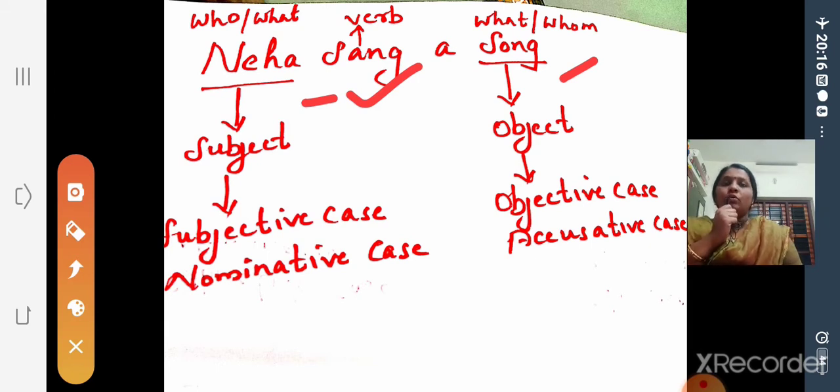Subjective case and objective case. Is it clear? What is subjective case? A noun that is placed in the subject position is called subjective case. Then what is objective case? A noun that is placed in the position of object is called objective case or accusative case.